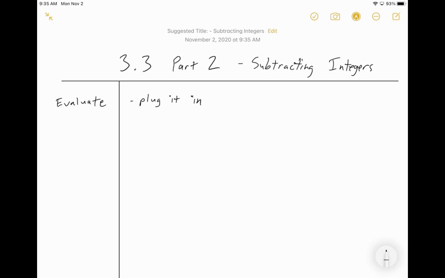Let's assume that x is equal to 2, and let's say that y is equal to negative 3. X is equal to 2, and y is equal to negative 3. So let's start with a problem like this. If this is true, then what is x minus y?